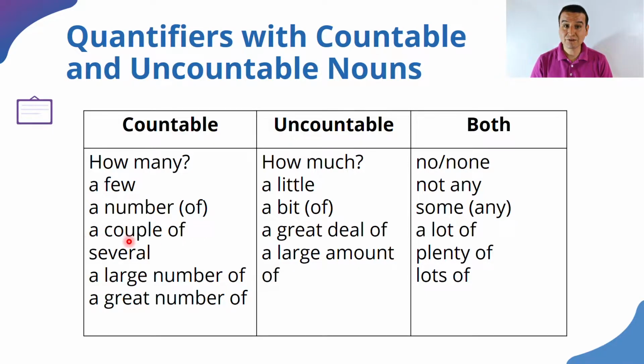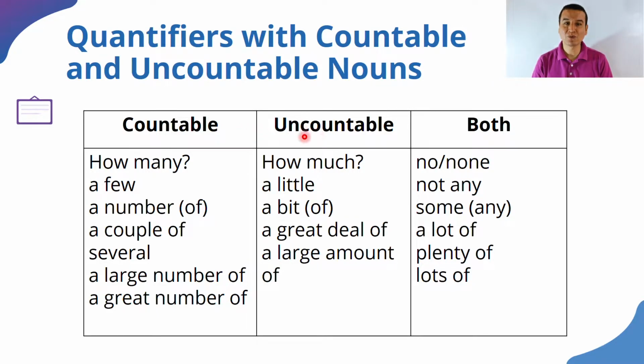Several means that there are more than one, but not that many, just a few. All right. They are actually synonyms. A large number of, we can say, or a great number of, and then we have that followed by a countable noun.